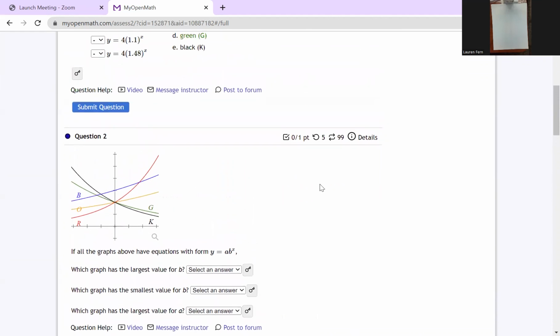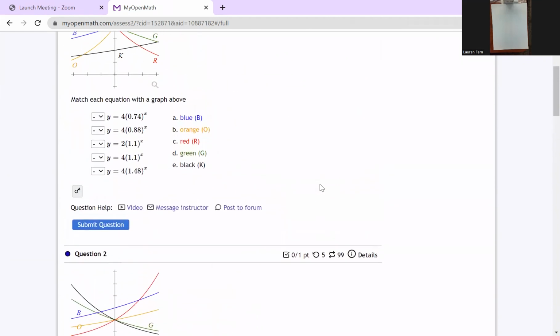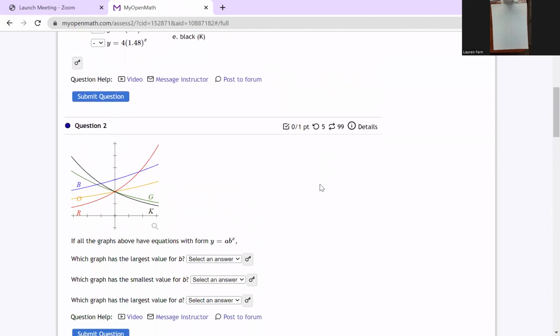The intercept. Questions 1 and 2 really dig at what I want you to get out of this. The fact of the matter is we all have Desmos graphing calculators. I mean, there's the technology to graph. But what I want you to have is a feel for what these values of A and B do to your graphs.